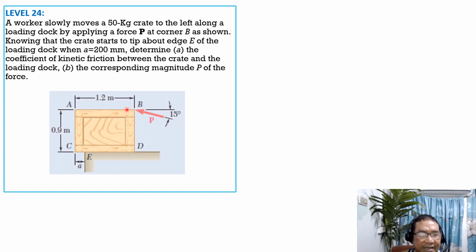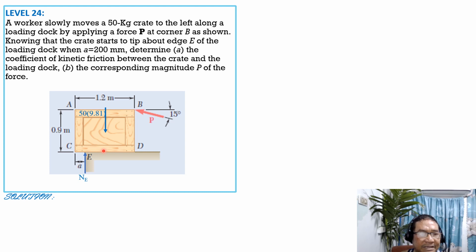So this is the given figure. Then for the solution, let's have the weight first of 50 times 9.81 newtons. Since the crate is about to tip about edge E, we have the normal reaction at E, N sub E, and friction to the right.